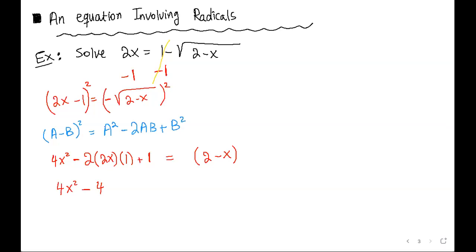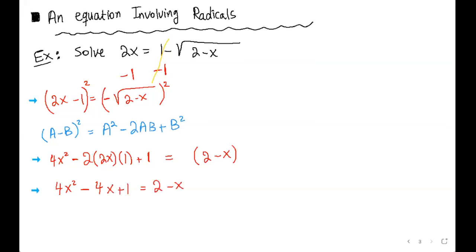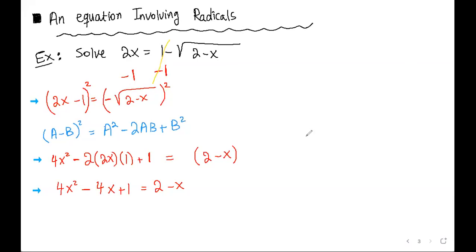How can I solve this quadratic equation? So the best thing here is to make everything on one side and the other side equals 0.